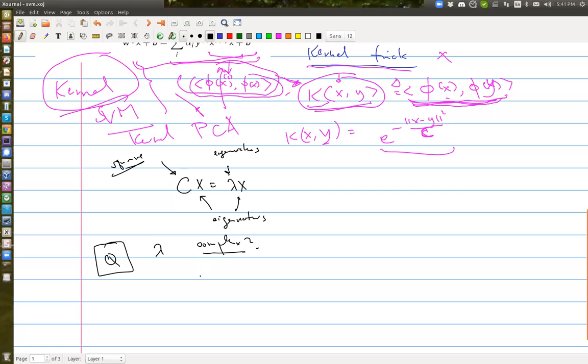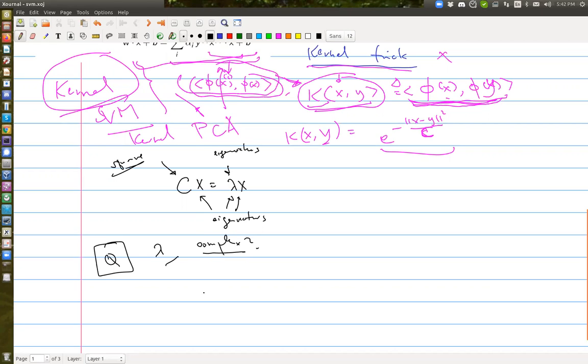I'm not sure how many of you are still around or don't know the answer. In general, lambda can be complex, but actually in engineering, most of the time we treat lambda as real.